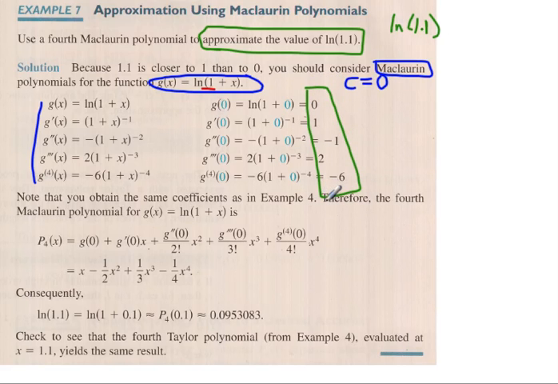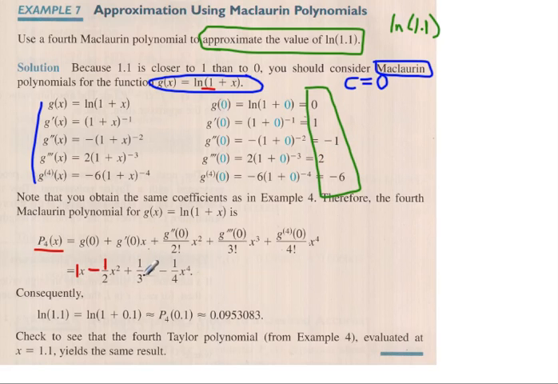And then we create, looks like they went with a fourth order. That's good enough for us, I guess. So the fourth order polynomial is going to be, we pull 0 for the first one, so nothing there. This is Maclaurin, right? So it'd be x minus 0. So then we have 1x minus 0. Then we have a negative 1 over 2 factorial, x squared. And then we have a positive 2.